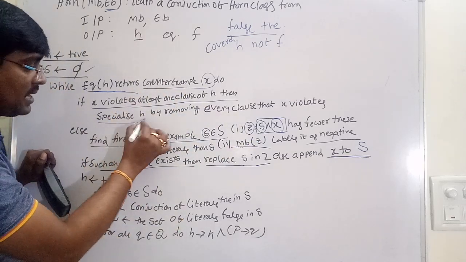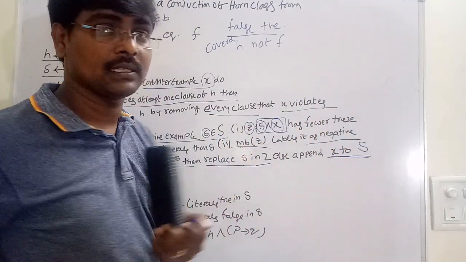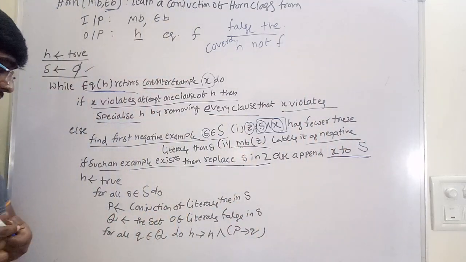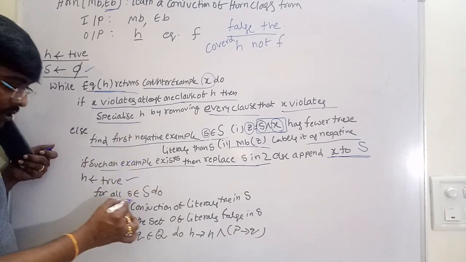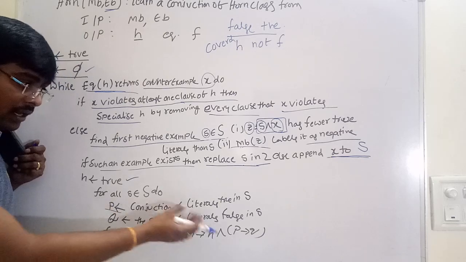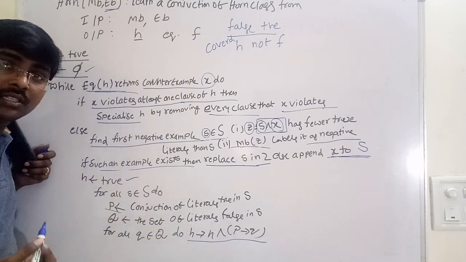Specialize H by removing every clause that X violates. So step by step we are removing the literals, and finally the Horn class is produced.